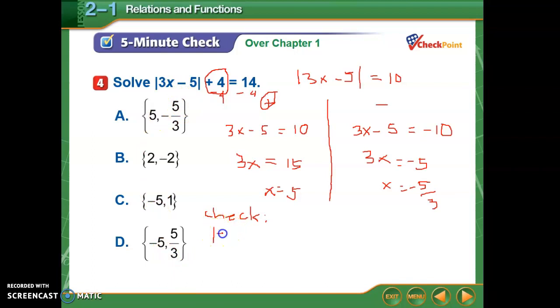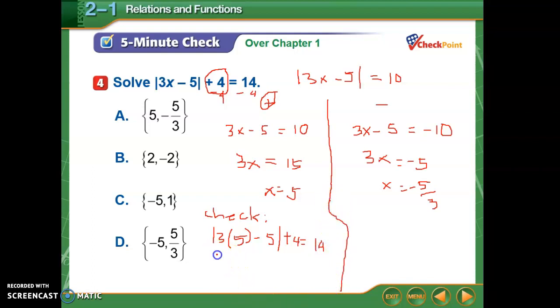So absolute value of 3 times our first answer, 5, minus 5, close absolute value, plus 4, and then you check if your answer is equal to 14.